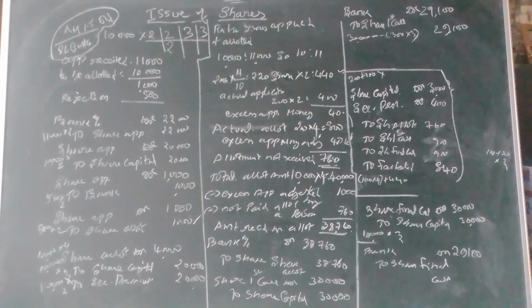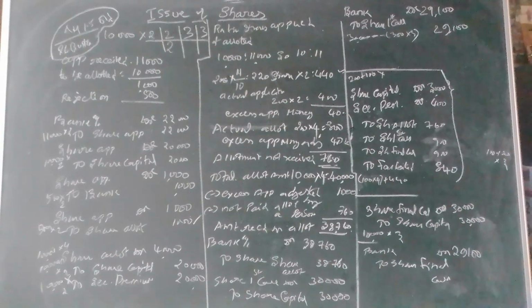We have to take two things: what installments are not collected, and what installments are already collected. Share capital account debtor, security premium account debtor. The amount you can identify: 200 plus 100, 300 shares at the rate of 10 rupees. And for premium, only one person has not paid the allotment, so 200 shares into 2 rupees is the premium rate that we are debiting.